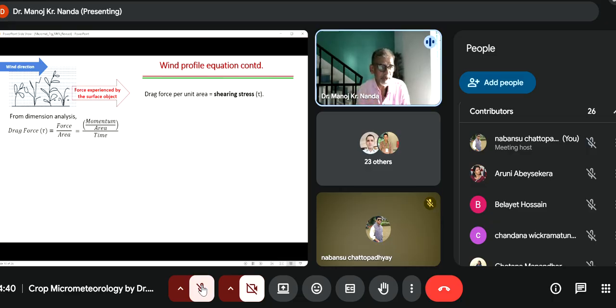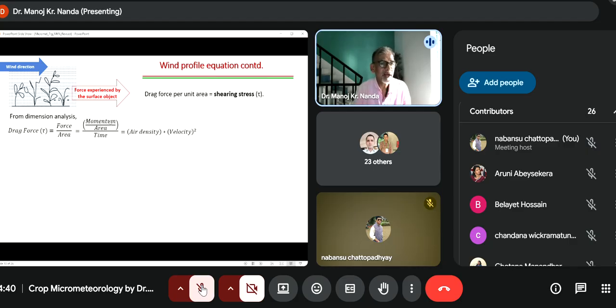So you can define it in terms of momentum by area by time. Now, if you put it as area, momentum, time, let us separate the velocity part separately and it becomes air density into velocity square.